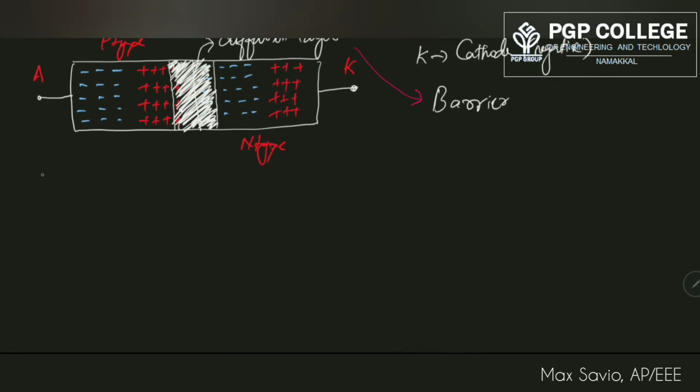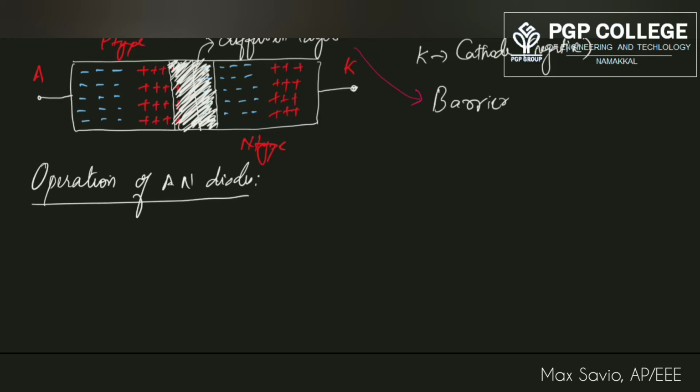So in the operation of PN diodes, we are going to see how conduction takes place by breaking the diffusion layer.